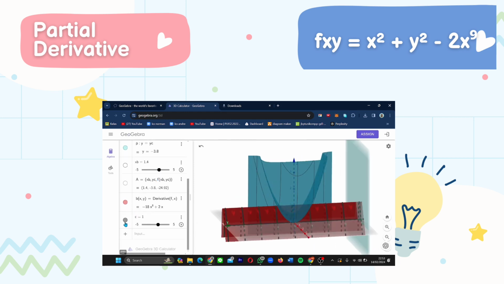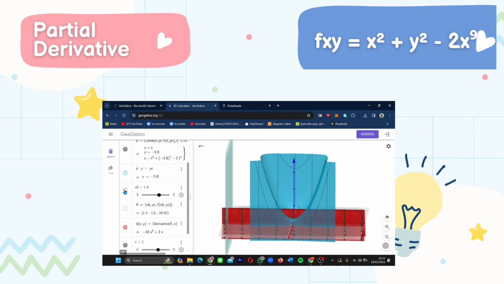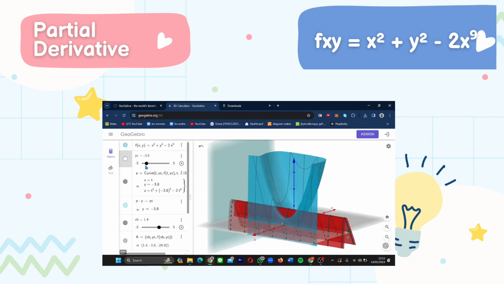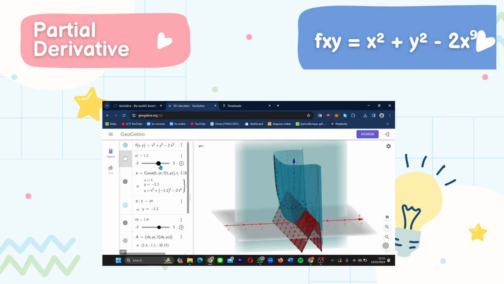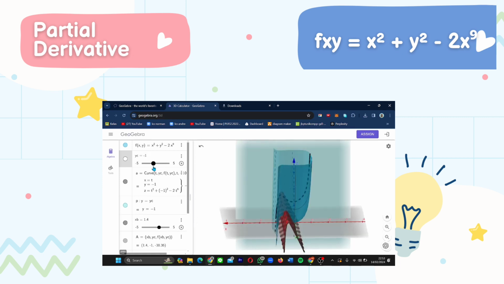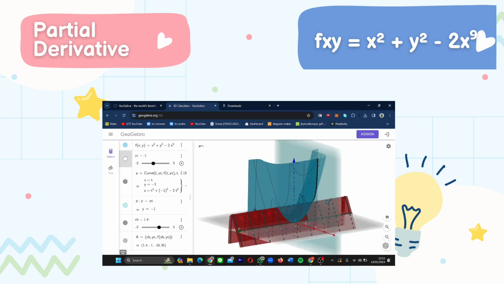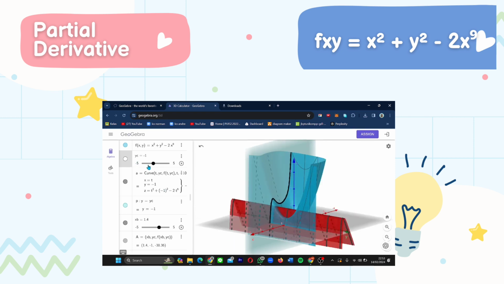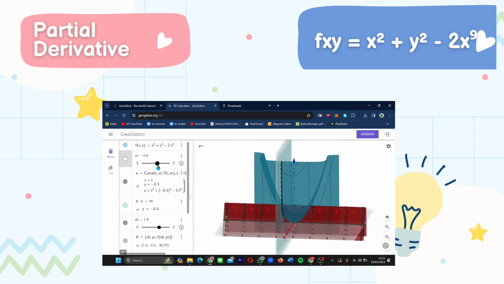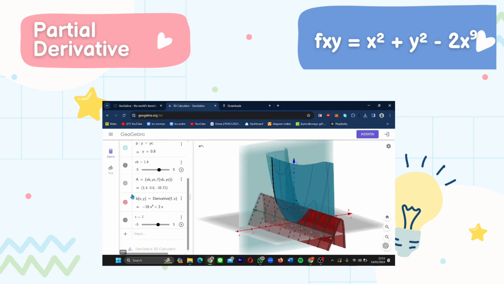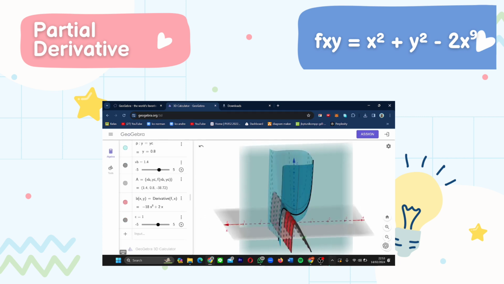Now at every point we will know where the point is or where the slope is. Okay, that's all. Thank you.